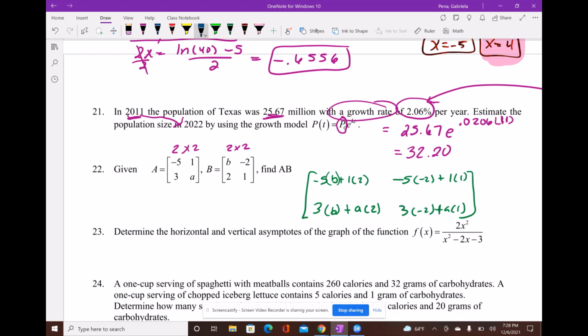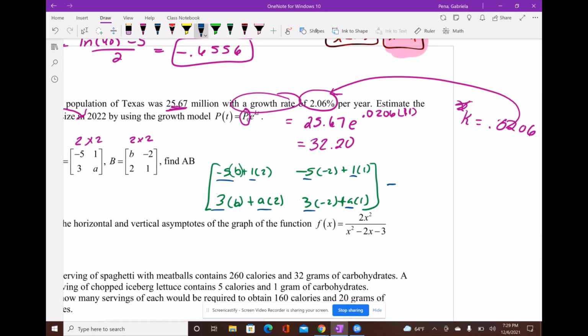So please remember your rows need to stay the same. -5, 1, -5, 1, 3A, 3A, and then your columns need to stay the same. So when you multiply this, this becomes -5B plus 2. We can't do nothing with that.